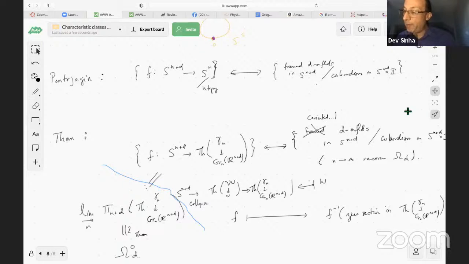If I'm given a manifold, let's call this F sub W. And let's understand the impact of F sub W on homology.